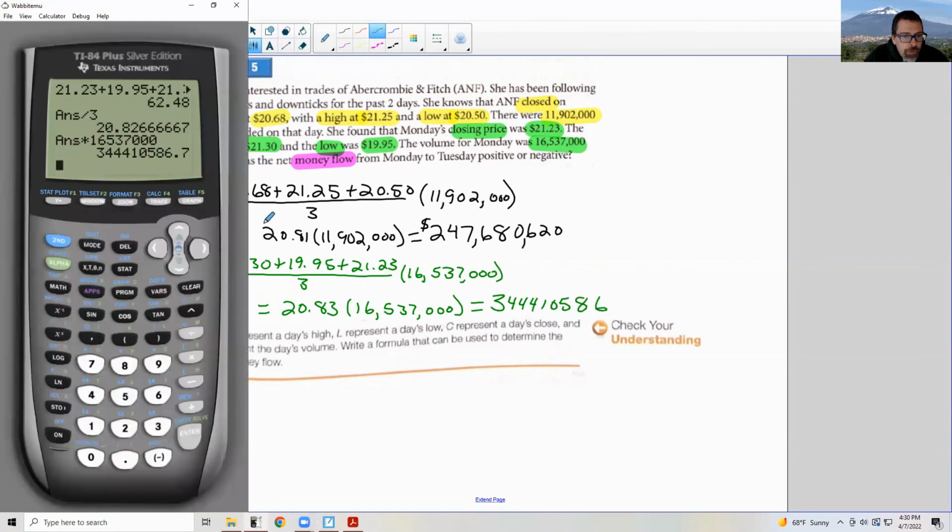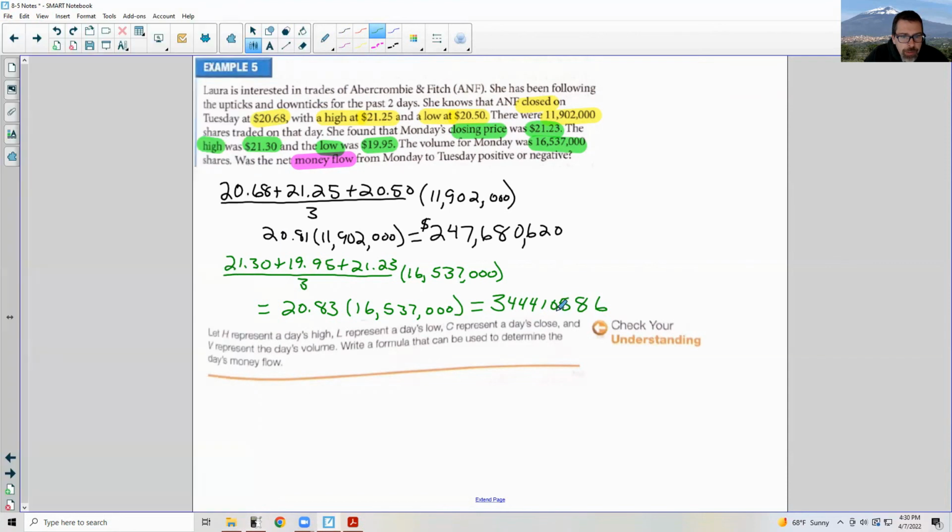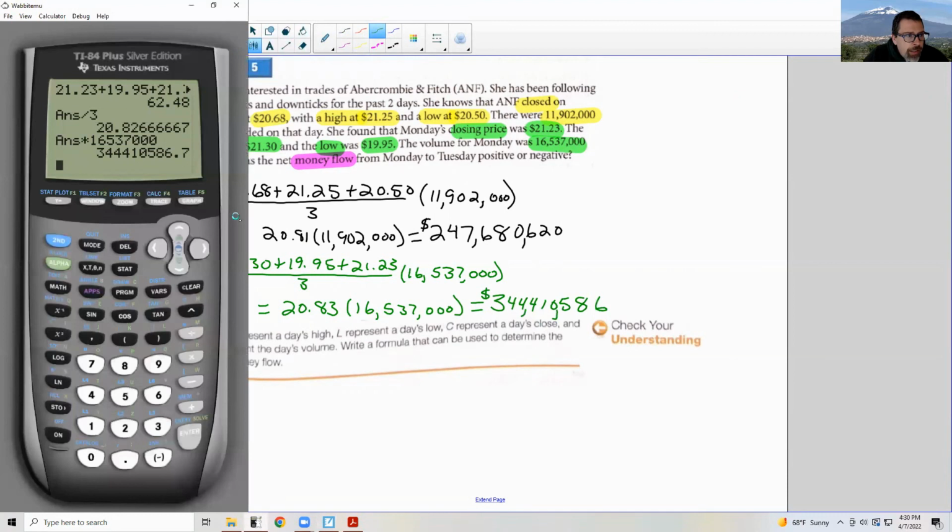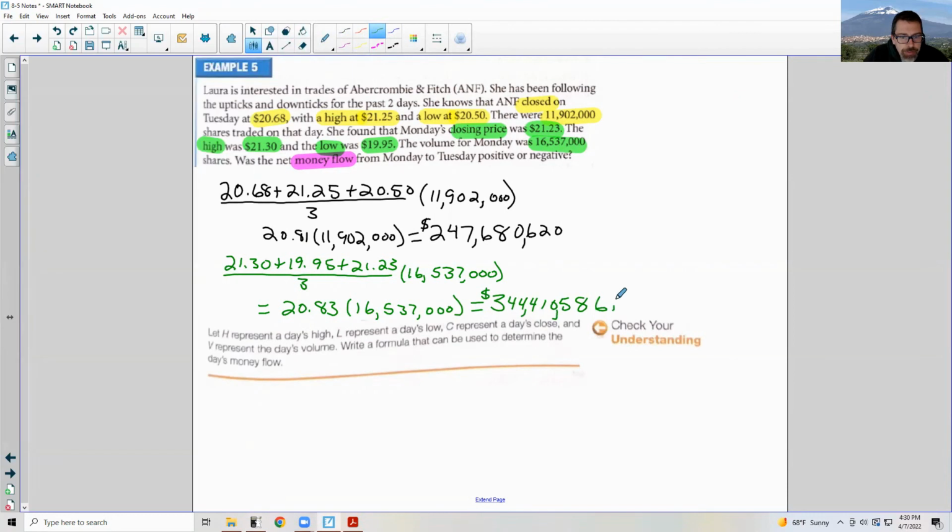So on the second day it's 344 million, 410,586.